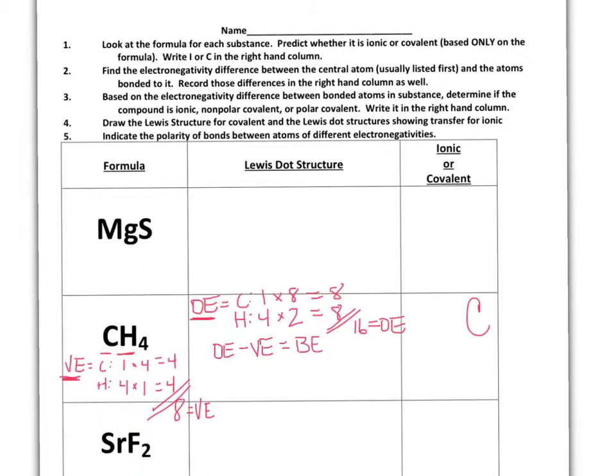And in this case, and again, I am totally running out of room, so you'll be able to fit all of this probably right here, but I can't. So octet electrons, 16. Valence electrons, 8. 16 minus 8 is 8. That's the number of bonding electrons.